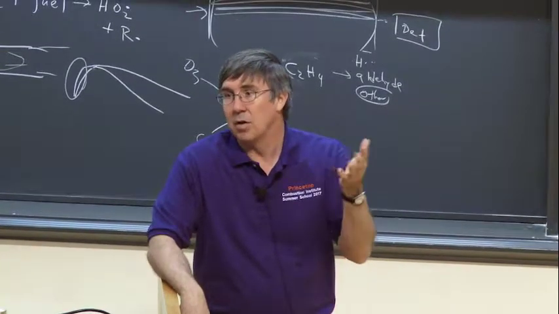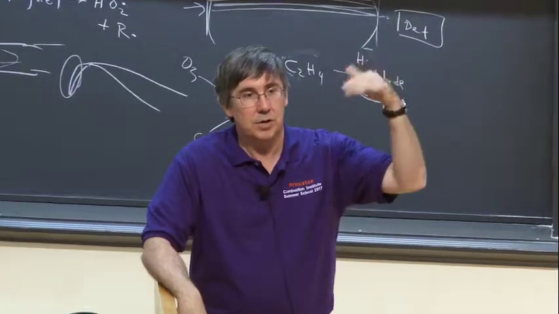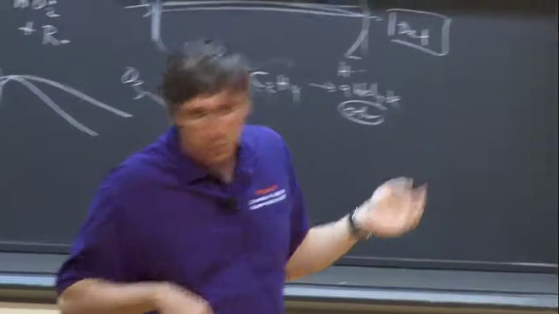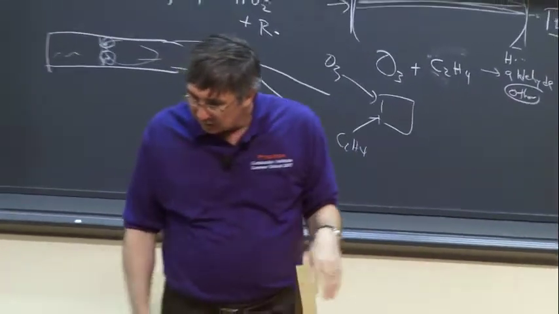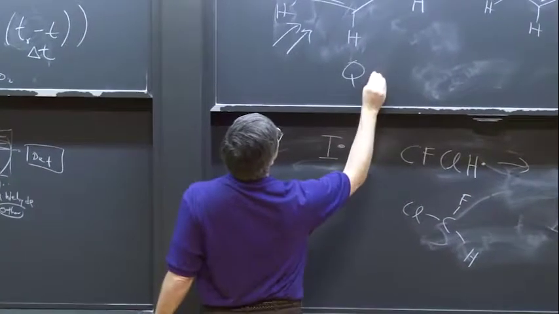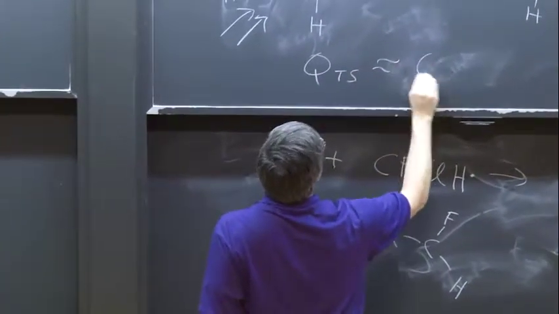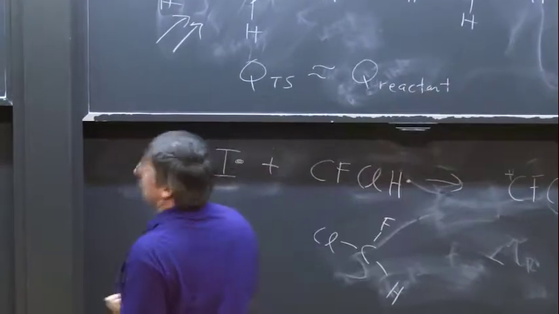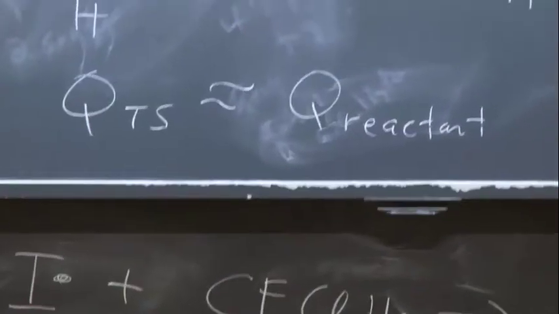That's because at normal temperatures, the high frequencies are not populated at all, so they're all v equals 0. So they don't really contribute anything to the Q. So the first approximation is we can say that the Q for the transition state here might be approximately equal to the Q of the reactant. That'd be a reasonable first guess.